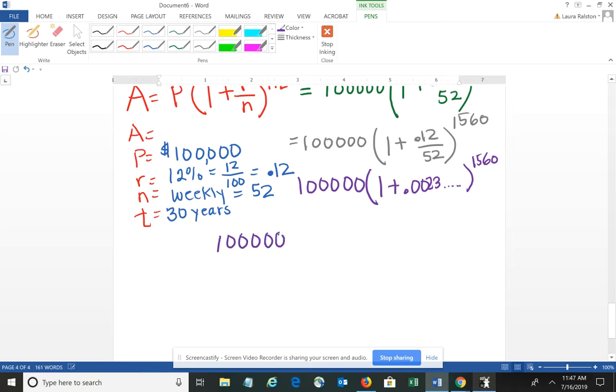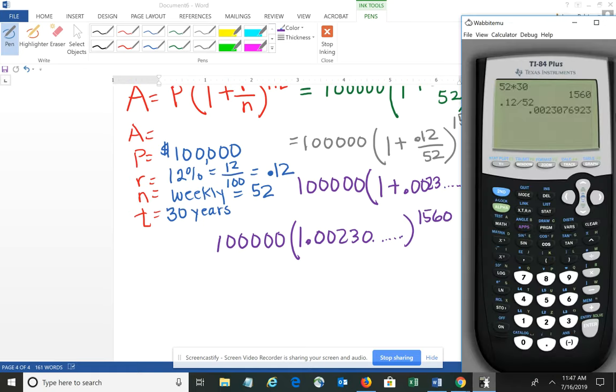So that I have 100,000 times 1.00230 raised to the 1,560th power. Now my calculator, that decimal value is already in the brain. We add 1, get the answer.